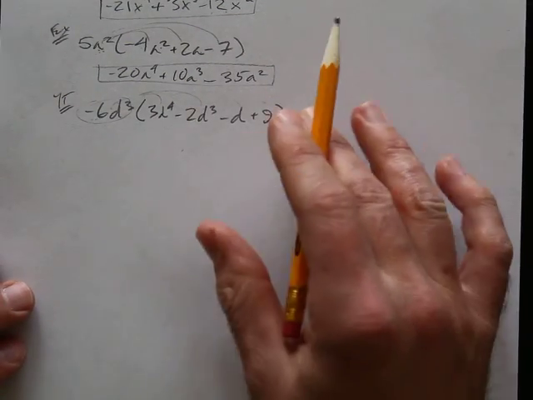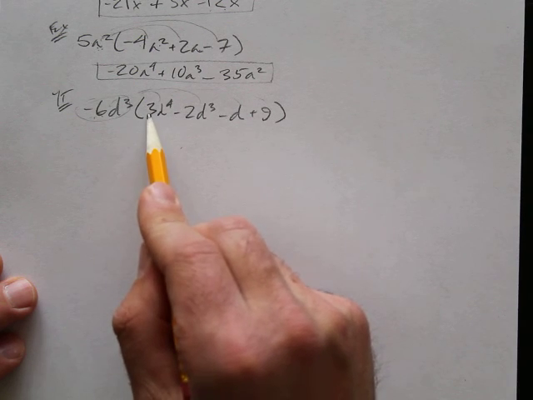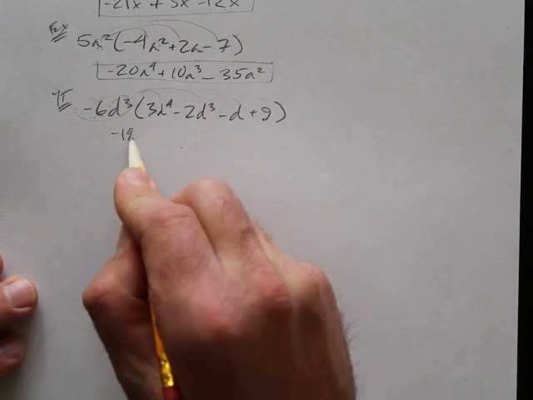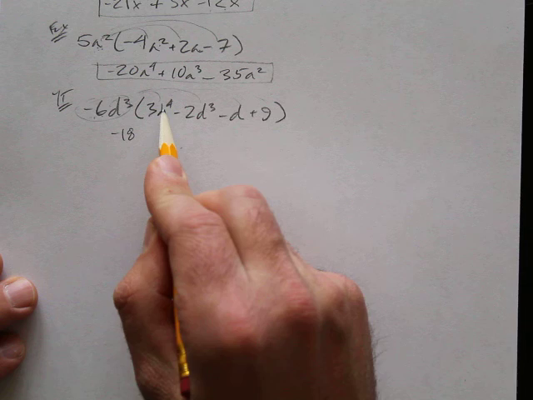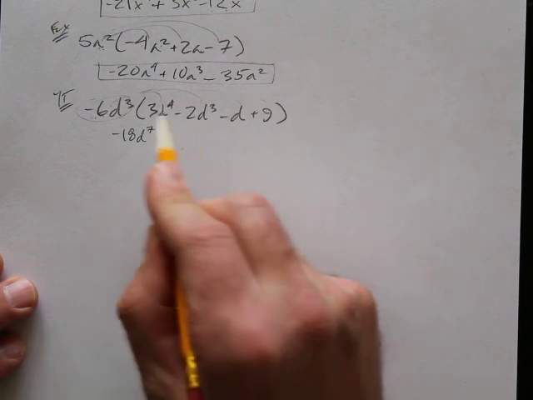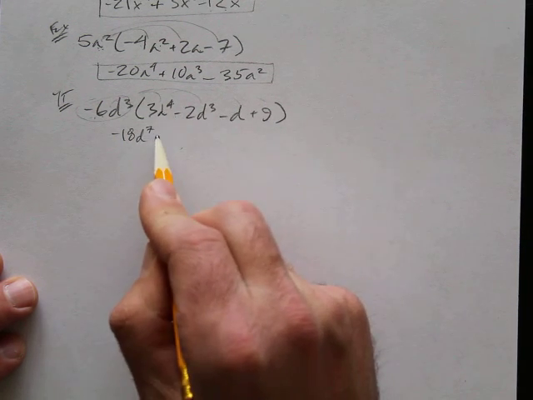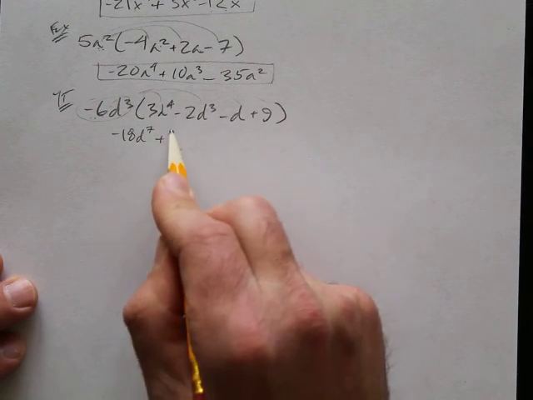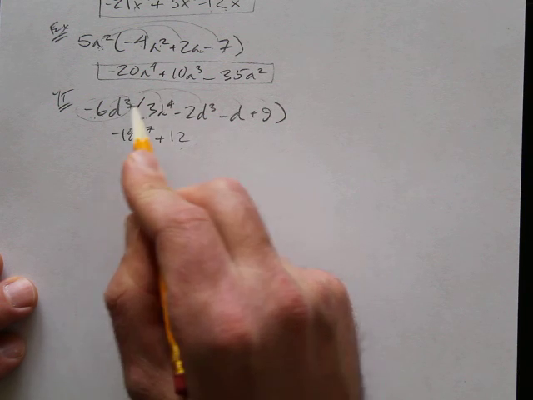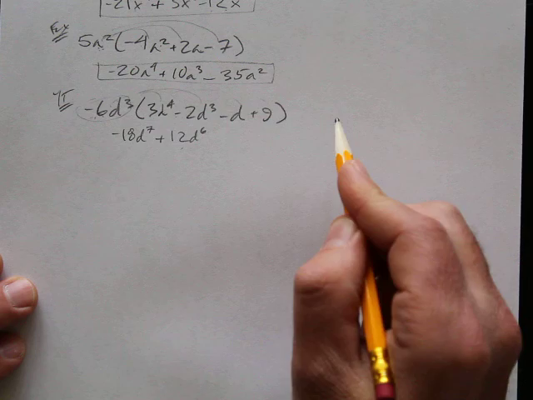Okay, let's see how you did. Negative 6 times positive 3 is negative 18. D cubed times d to the 4th is d to the 7th. Remember, I add the exponents when I'm multiplying. Negative times negative, positive. 6 times 2 is 12. D cubed times d cubed is d to the 6th.